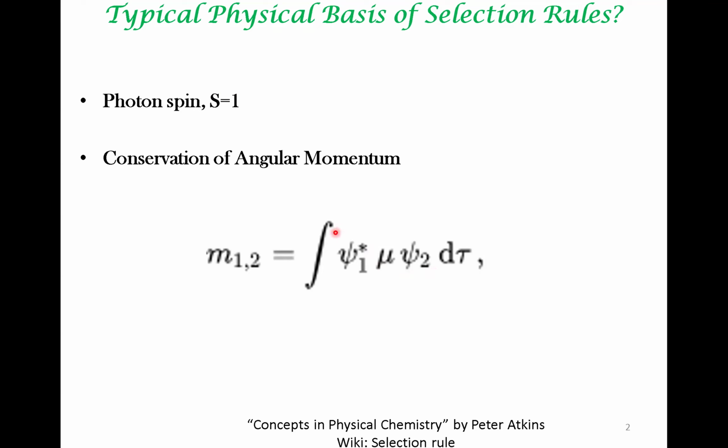Okay, so you have to take some courses in quantum mechanics to make sense of this expression, but typically what we mean by selection rule is that if this integral is non-zero, that means it's an allowed transition. If this overall integral is zero, then the transition is not allowed.